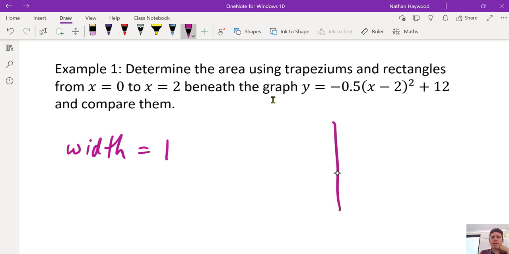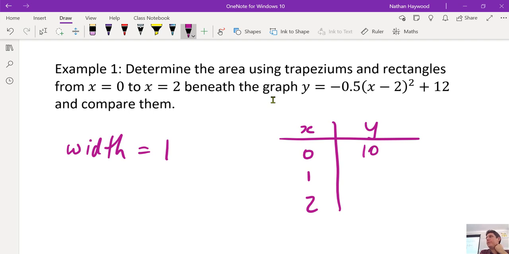So a great way to do this is to make a table. So when x equals 0, what's y? 0 take 2 squared times by negative half becomes negative 2 plus 12 is 10.